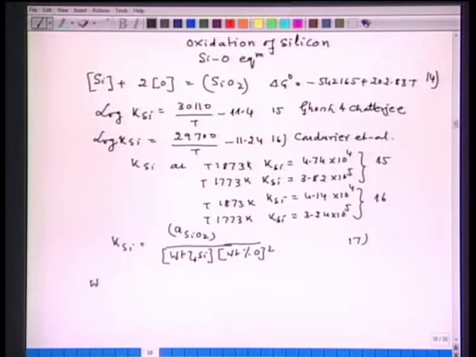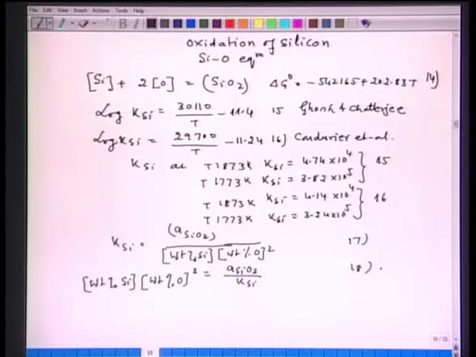Now, if I write weight percent silicon into weight percent oxygen squared, that is equal to activity of SiO2 upon K silicon. Let us put this as equation 18. So, we can see that oxidation of silicon is favored at low temperature.